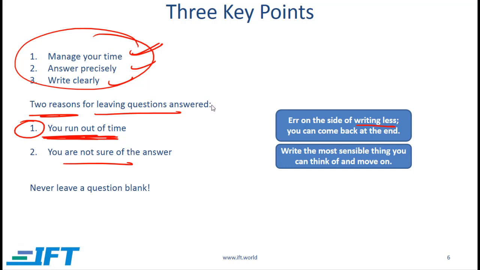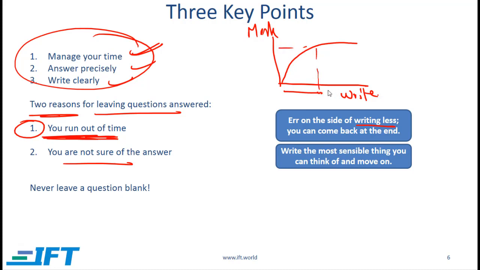And here, I strongly believe that if you think about how much you write or the time that you take and the marks that you get, there are diminishing returns. So once you get your key points in, you have most of your marks. Spending more time writing might give you just a marginal amount of benefit.